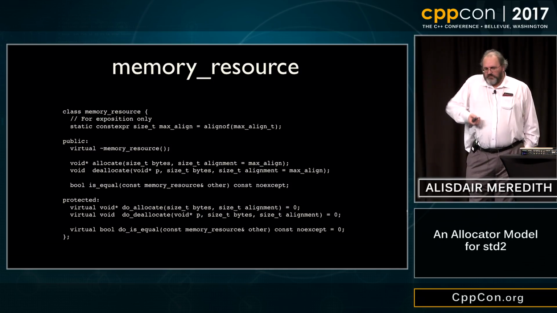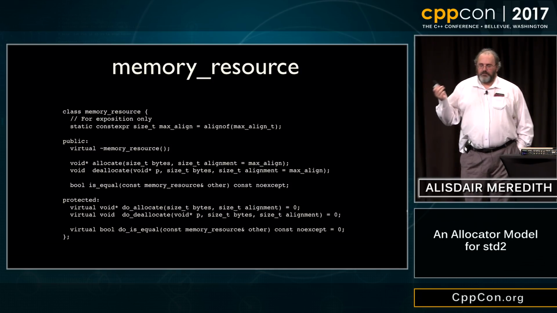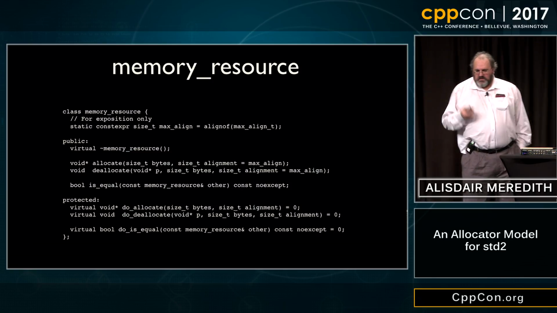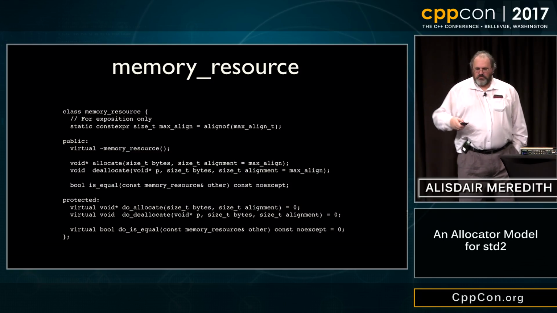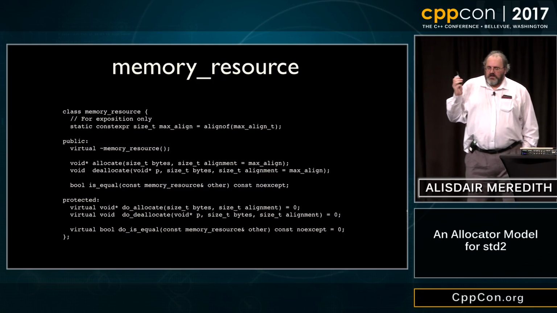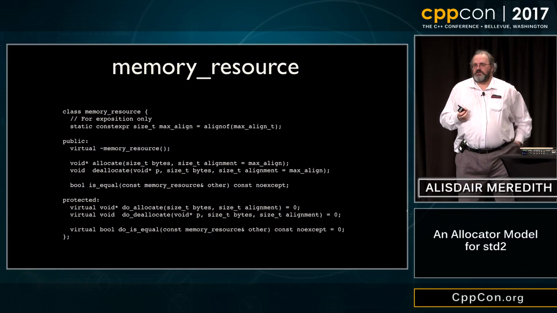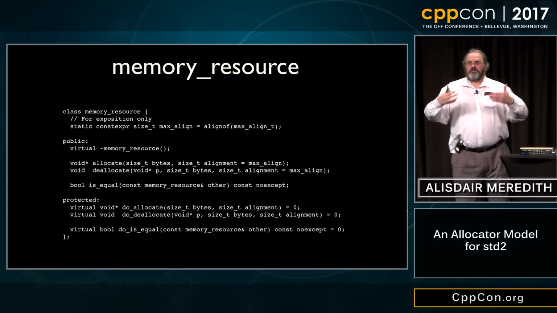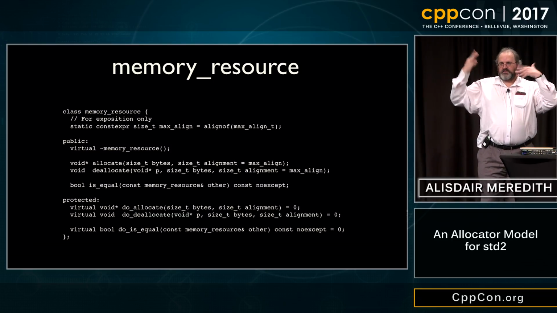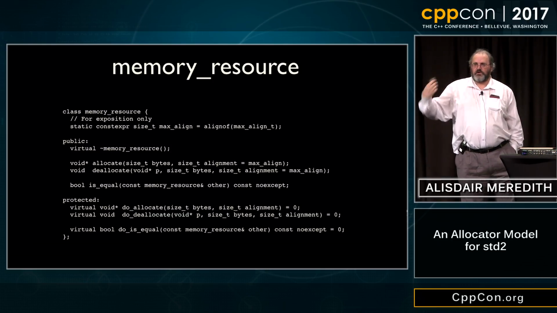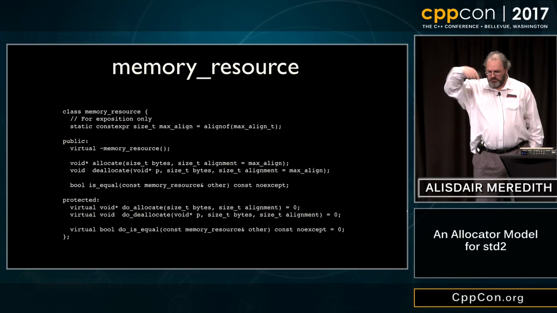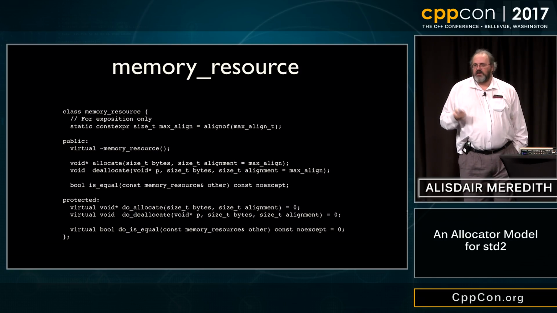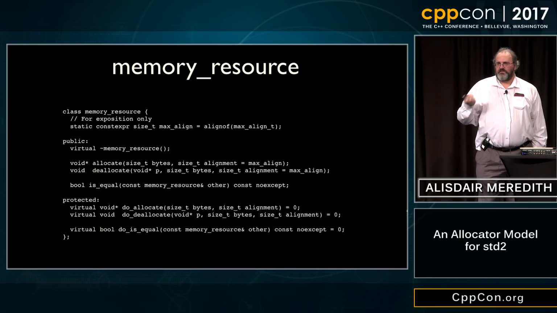And then we have protected pure virtual functions, do_allocate and do_deallocate, that the memory resource is going to implement. The idea here is that with the public member function, I can have a defaulted argument, so I've effectively got two functions for the price of one. But when I'm implementing an allocator, I don't want to be implementing two different virtual functions. So the function we dispatch to internally will always take the alignment, even if I choose to ignore it.